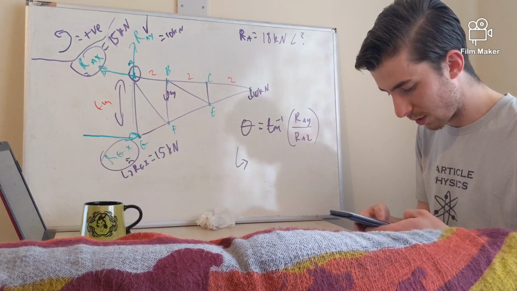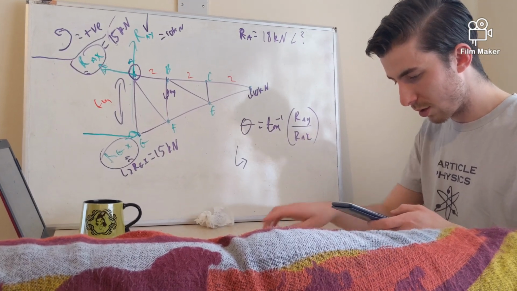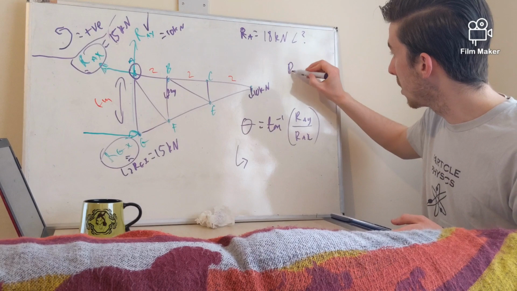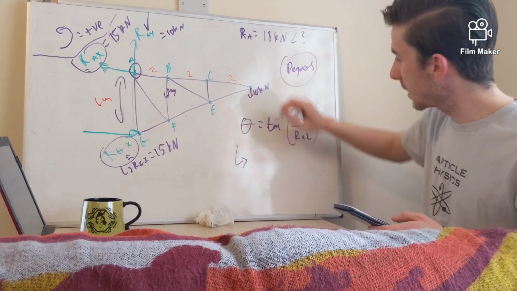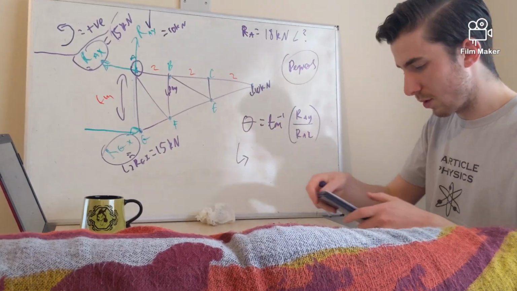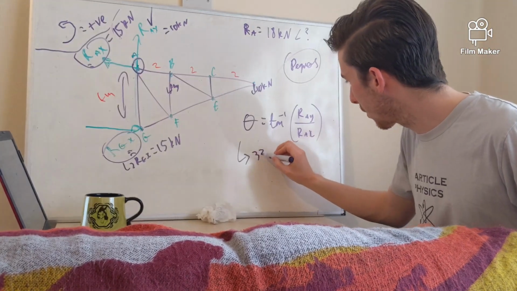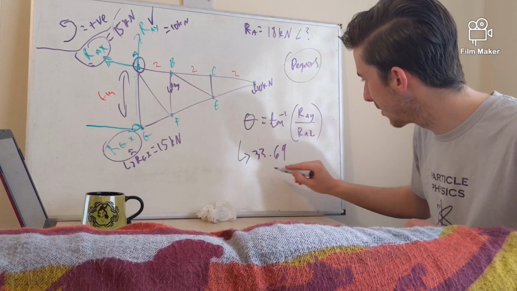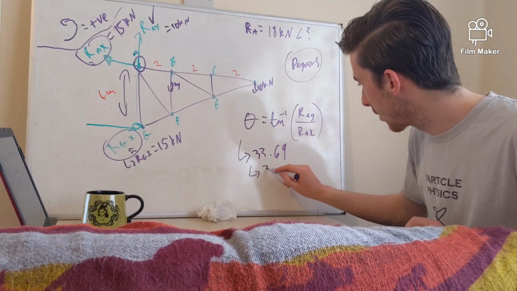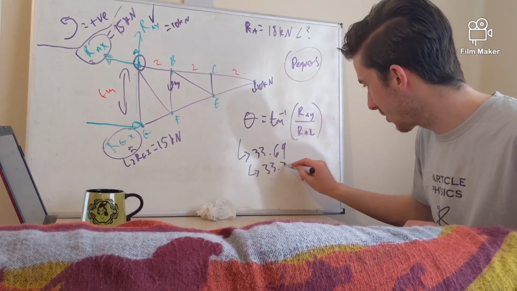So that's 10 over 15. In degrees, just over 33, so 33.69. Nice. 33.7 degrees.